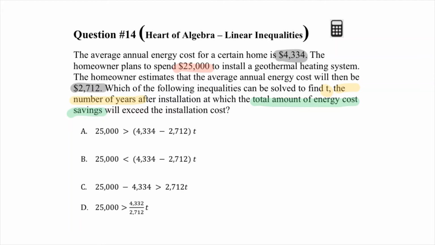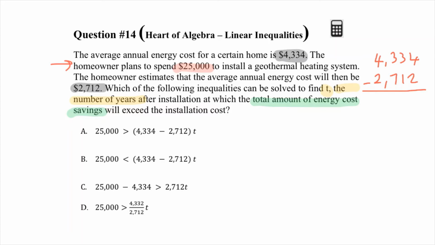The total amount of energy cost savings will be, because before, how much were they paying for the average annual energy cost? $4,334. After the investment, it reduced to $2,712. The savings is going to be the difference of them.